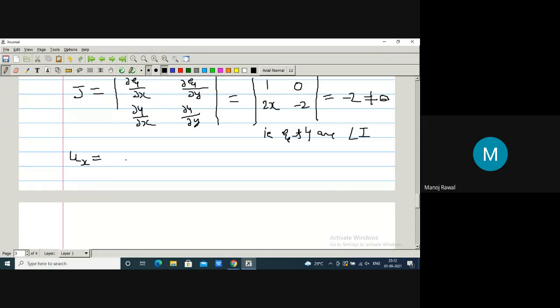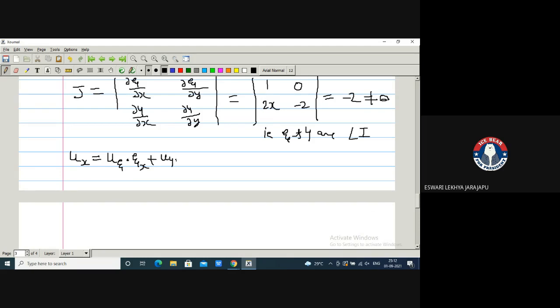Have you remembered what is ux? Any smart student? U xi into xi x plus U eta into eta x.